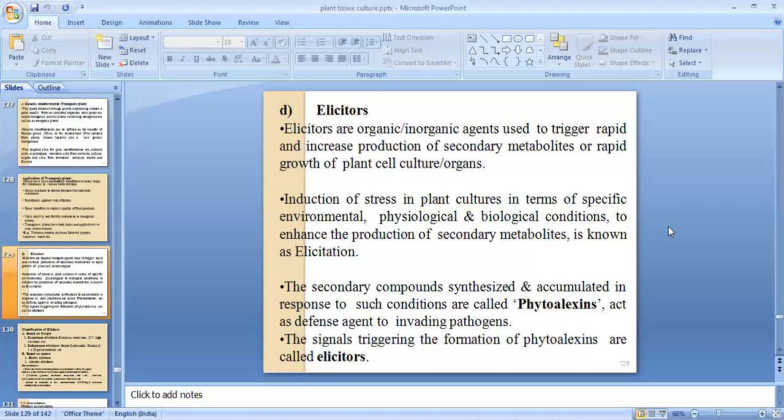And the products which are synthesized or produced in large amount due to this stress are called as phytoalexins. Okay, and any signal or any agent which induces the formation of phytoalexins is called as elicitors.